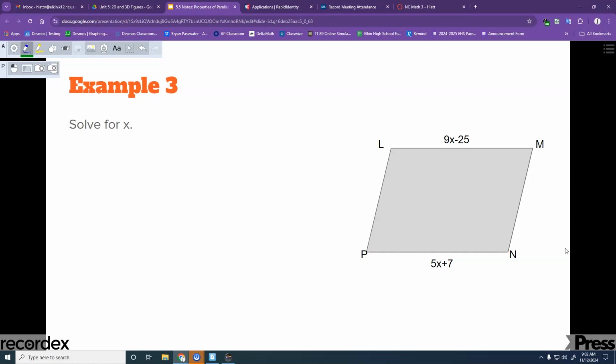What would the equation be? Not plus, but just 9x minus 25 equals 5x plus 7. So these two are just set equal to each other because they should have equal length, right?